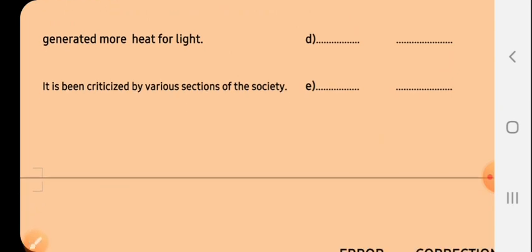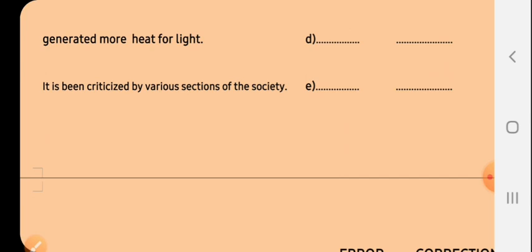Now the last one in this one. It is being criticized by various sections of the society. It is been. We use been with has or have. But here it has been criticized by various sections of the society.